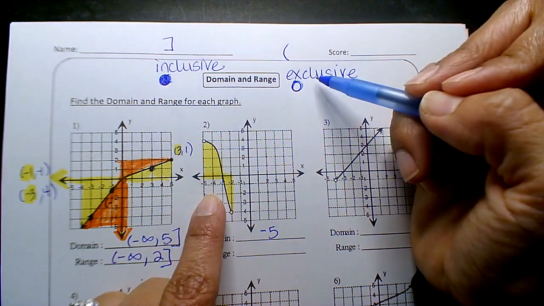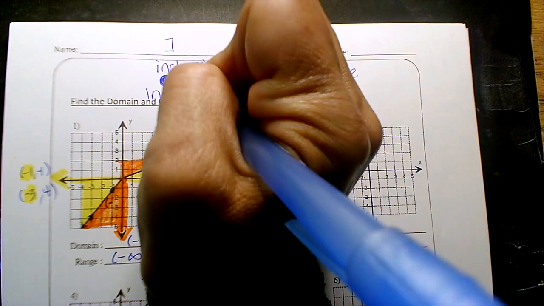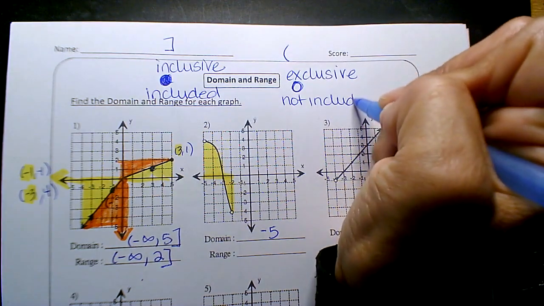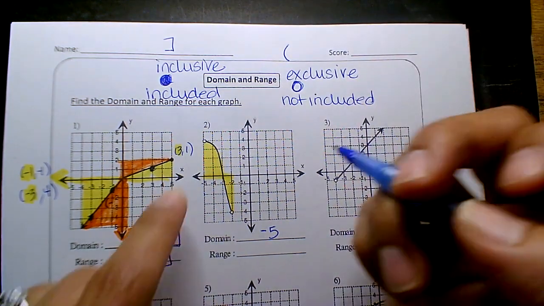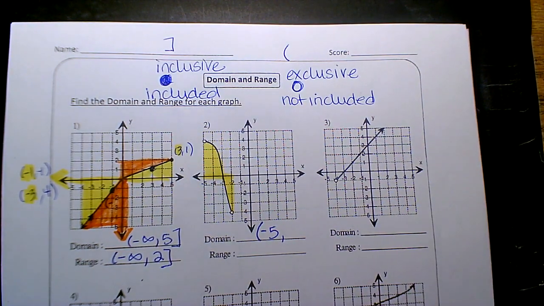Parenthesis. It's exclusive, not included. This means included, which you guys know. Not included. So here's parenthesis -5.